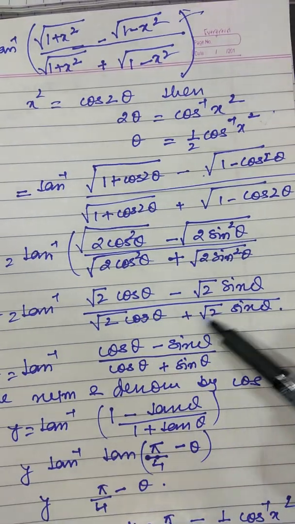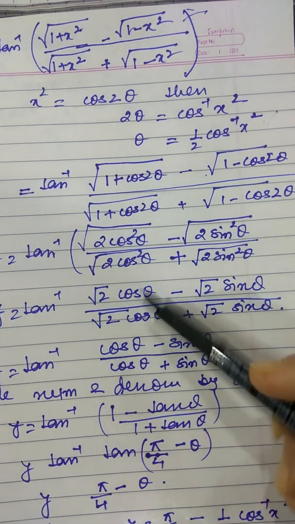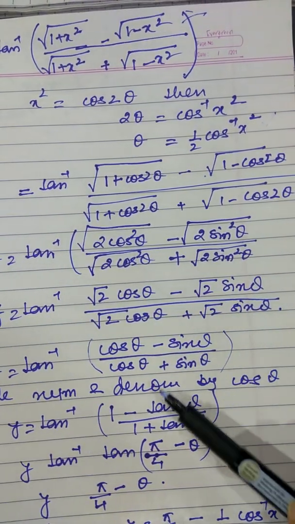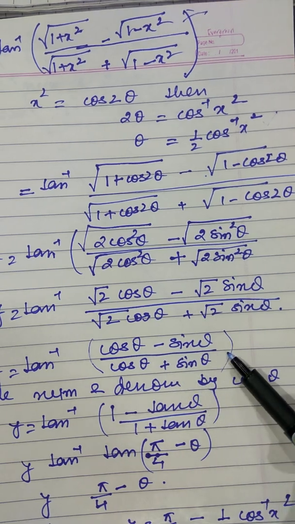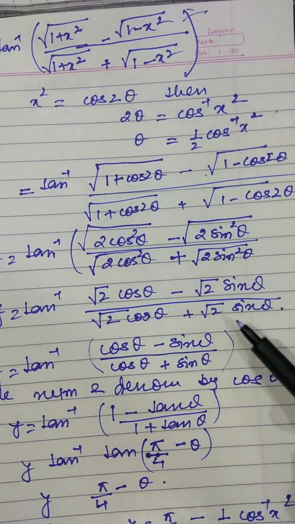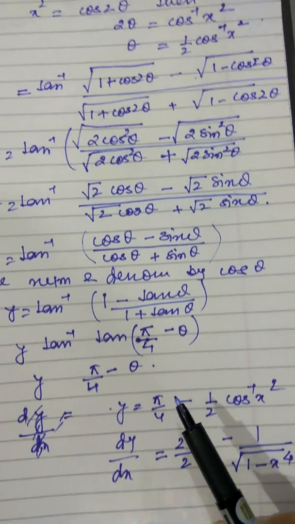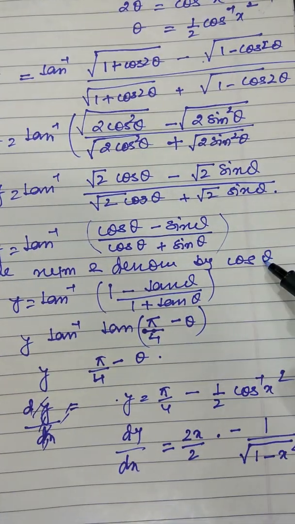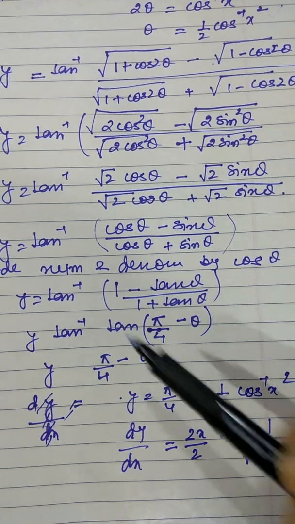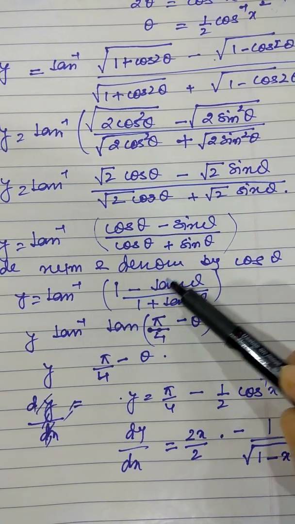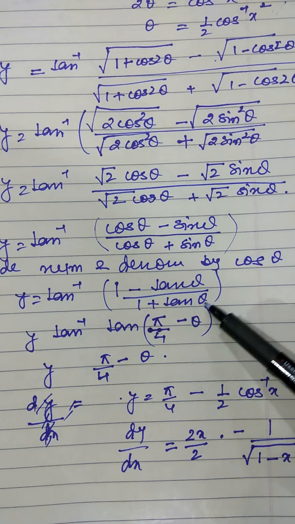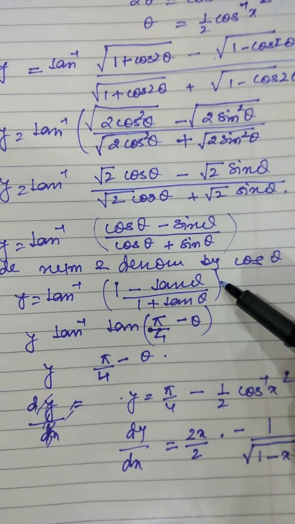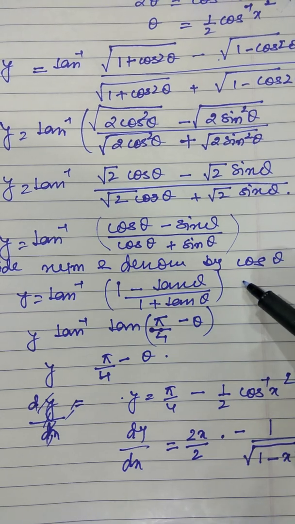Root 2 is a common factor. Remove it. We are getting tan inverse of (cos theta minus sin theta) upon (cos theta plus sin theta). Divide numerator and denominator by cos theta. Here you see. So we are getting tan inverse of (1 minus tan theta) upon (1 plus tan theta).